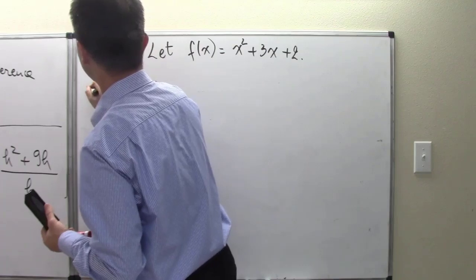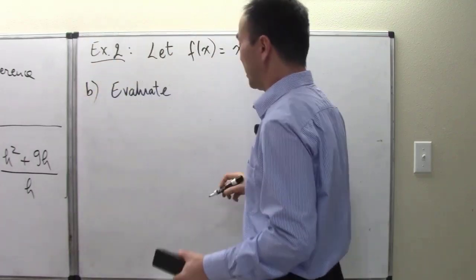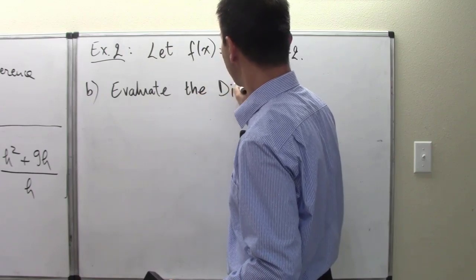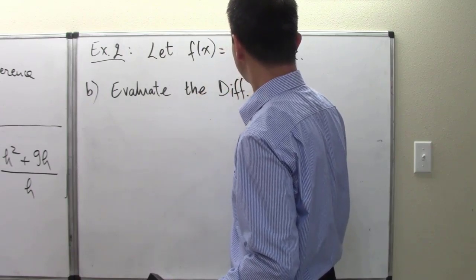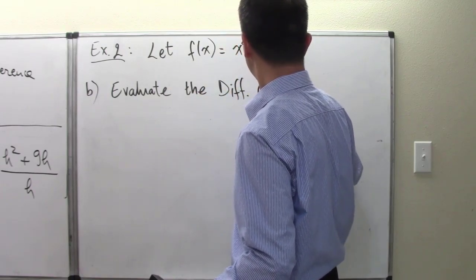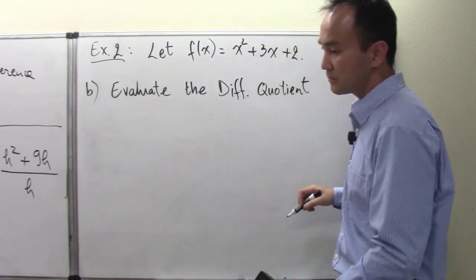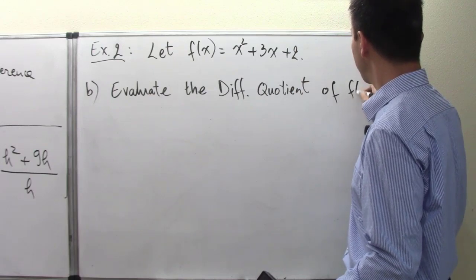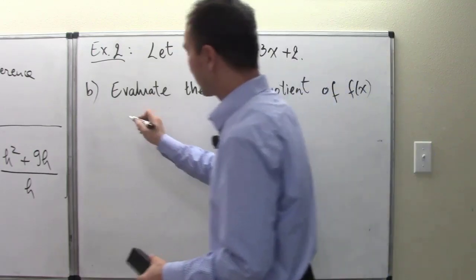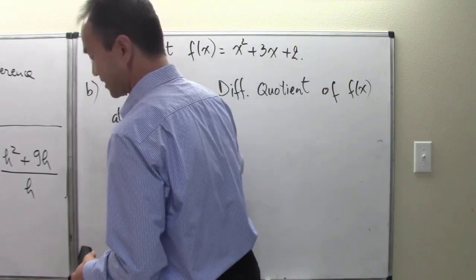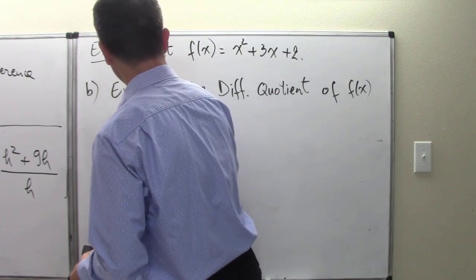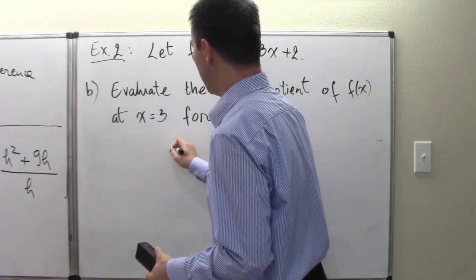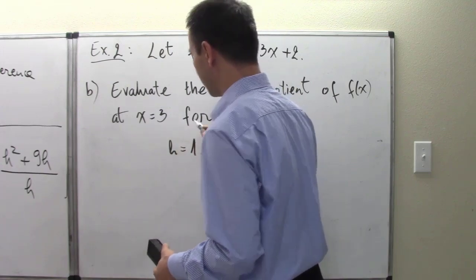I want to evaluate the difference quotient of f of x at x equals 3, for, how about h equals 1.